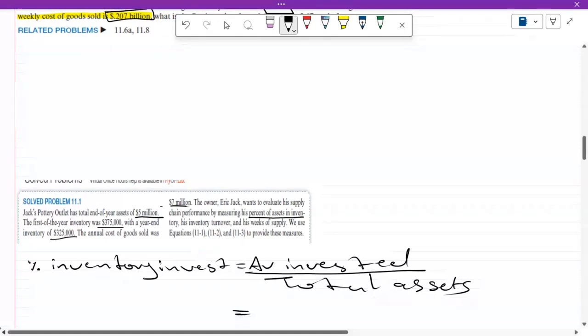Here we want their average. Now you see we have two, the beginning and the end.